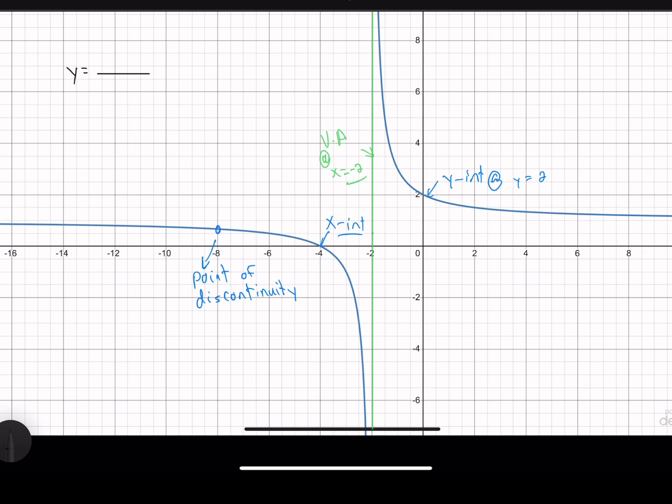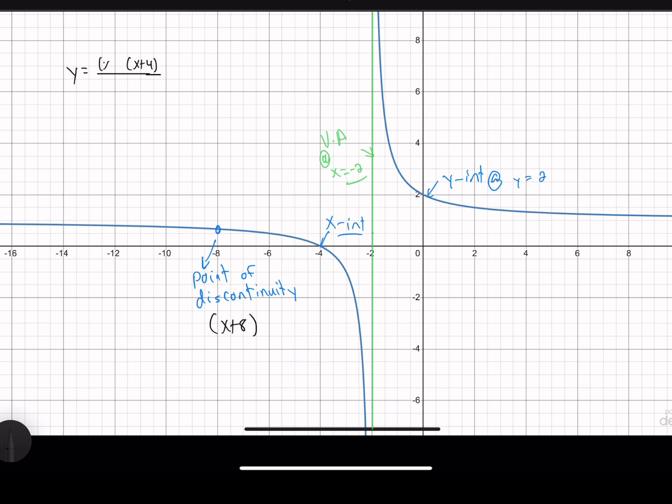So what we're going to do is, we know that there's an x-intercept at -4, and that the x-intercepts refer to at least one of the factors in the numerator. So I'm going to write x plus 4 at the top bracket here. Now, the point of discontinuity, if it's at x plus 8, then that means that it was something that got canceled from the top and the bottom.